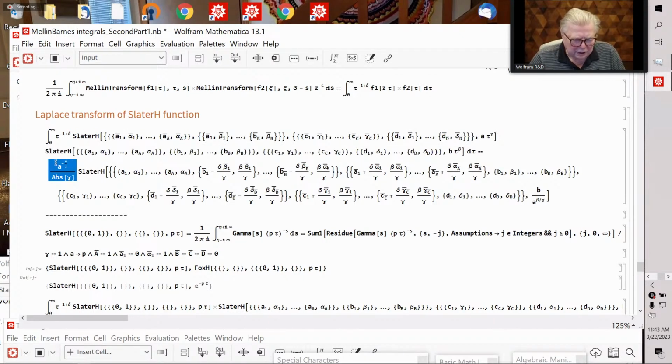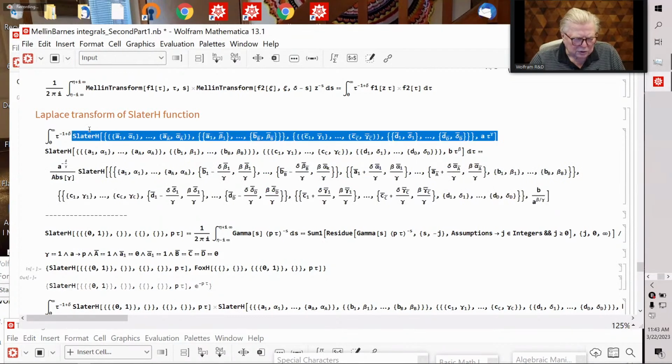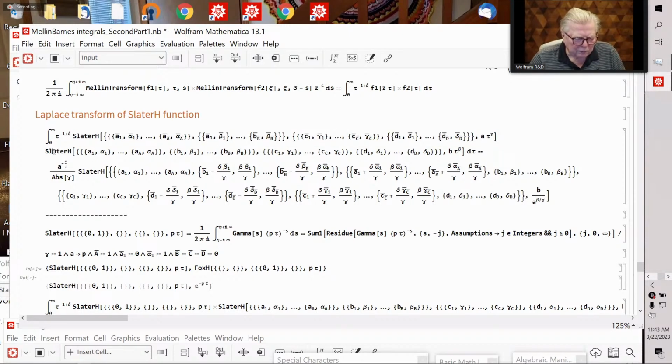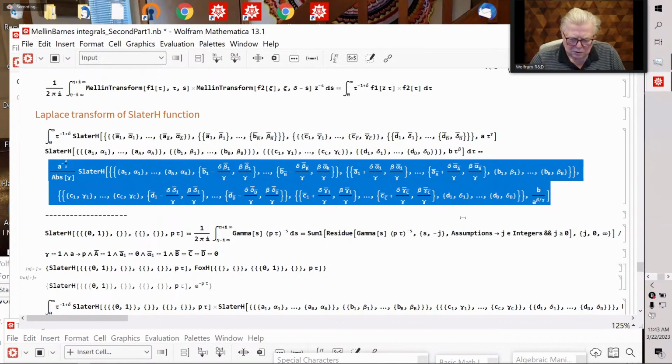And then again results SlaterH. If one function it is exponential, it means we have Laplace transform from other function equal to something which appeared from this one.